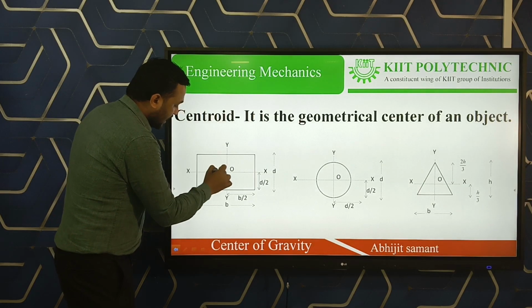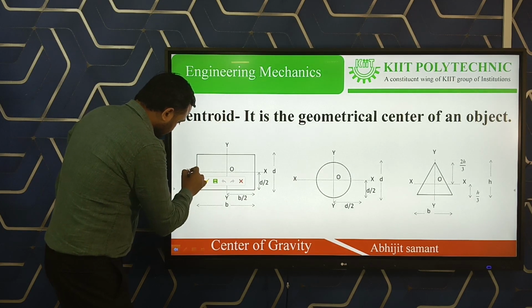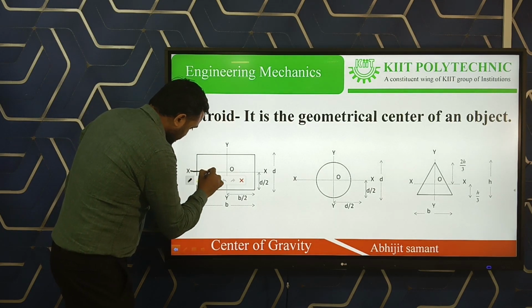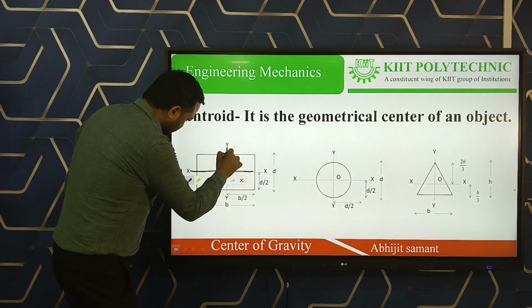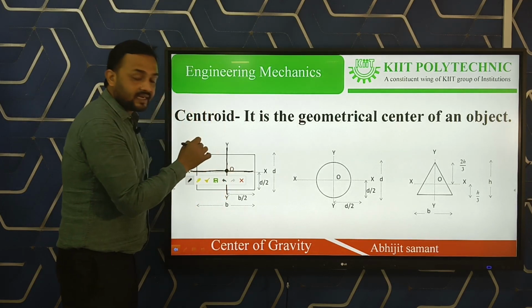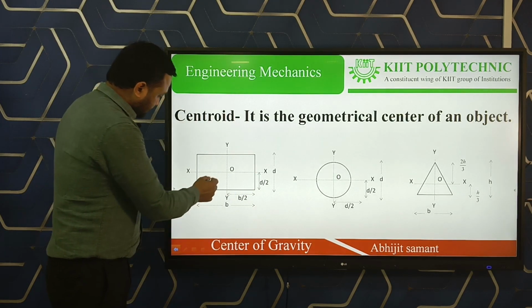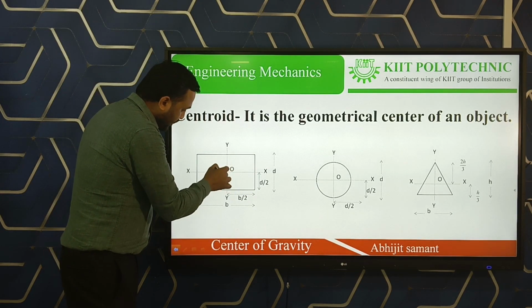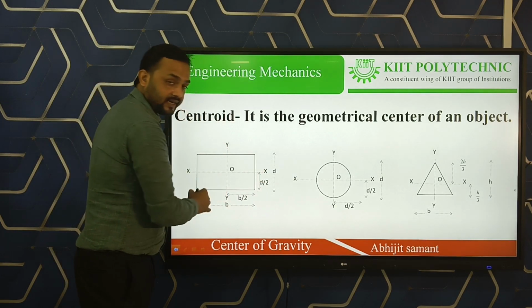If we draw one line from this side, here, and if we draw another line here, then the center point is known as the geometrical center of the rectangle. So this point is the centroidal point or centroid of this rectangle.